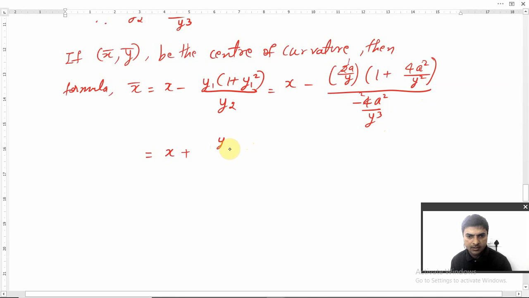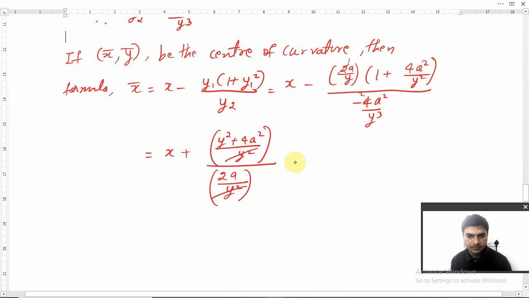Then you can get y square plus 4a square divided by y square, the whole divided by 2, one a is cancelled, so I will write here a, divided by y, one y is cancelled, so I will write y square. So in this again you can see y square and y square will get cancelled.